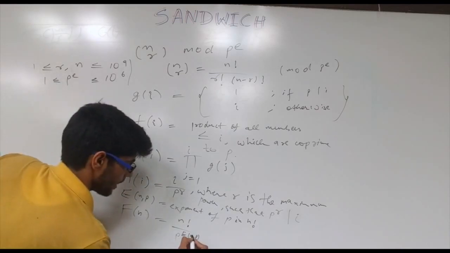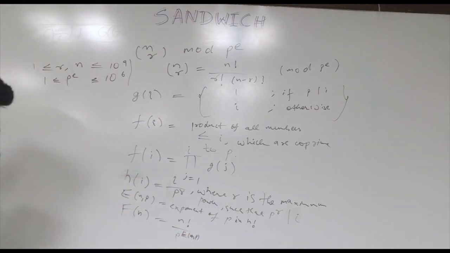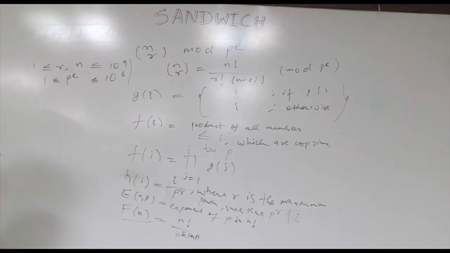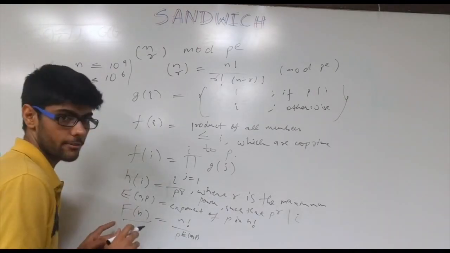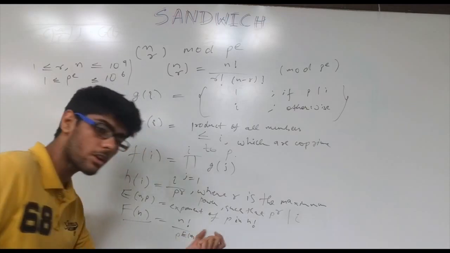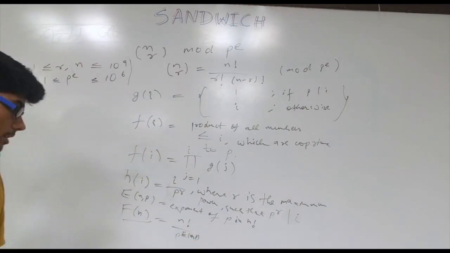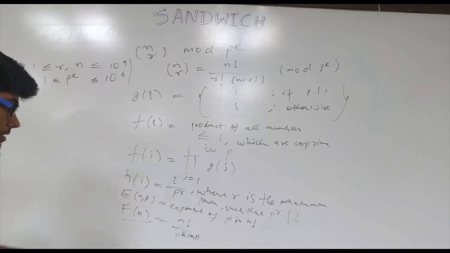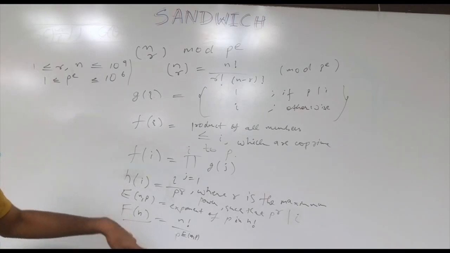Again, what we are doing is extracting the power of p from n factorial, and that thing would be f of n. Now notice that p does not divide f of n because we have already extracted all of the power of p from n factorial. Or in other words, p and f of n are co-prime to each other.